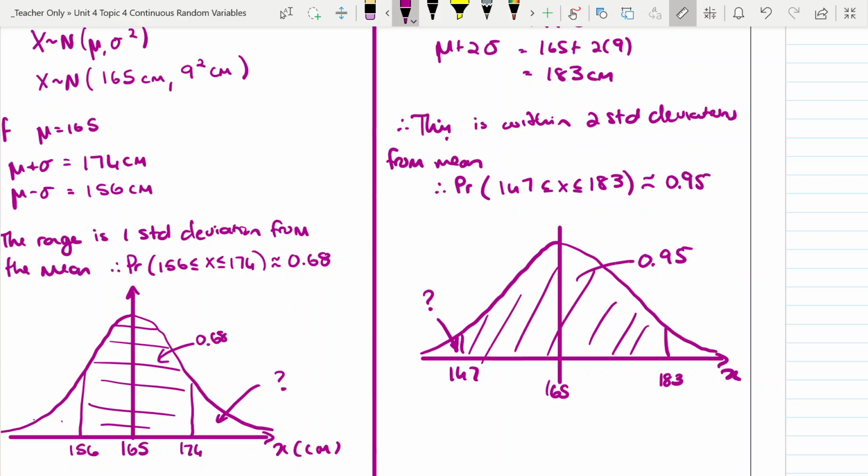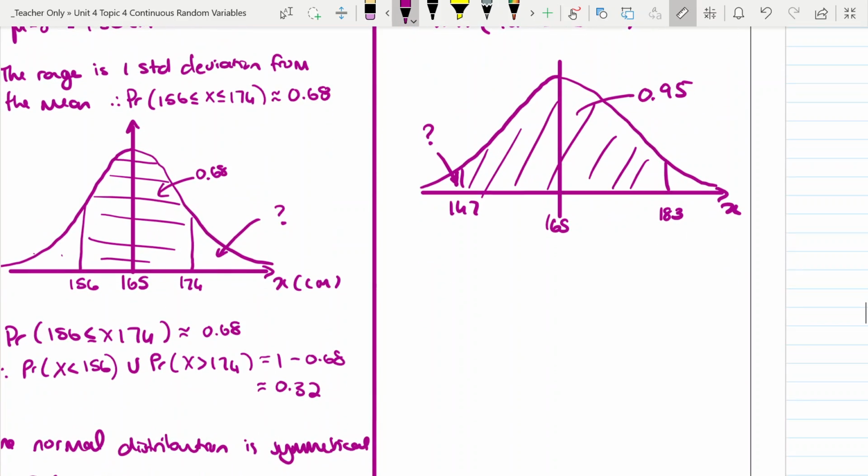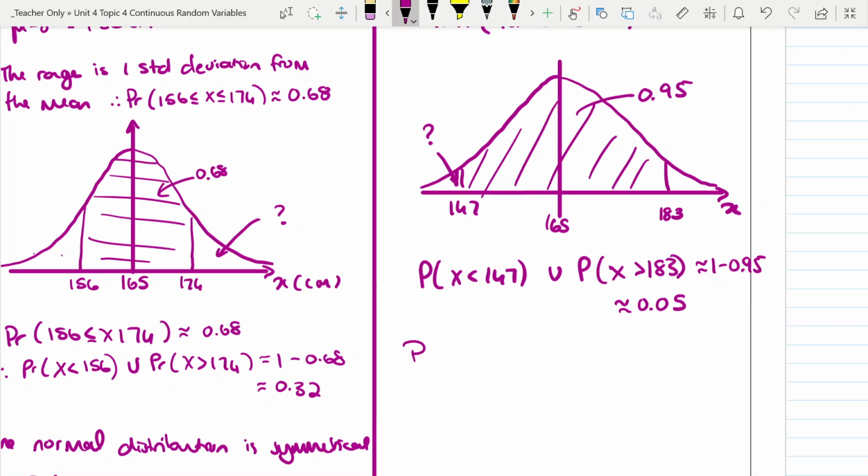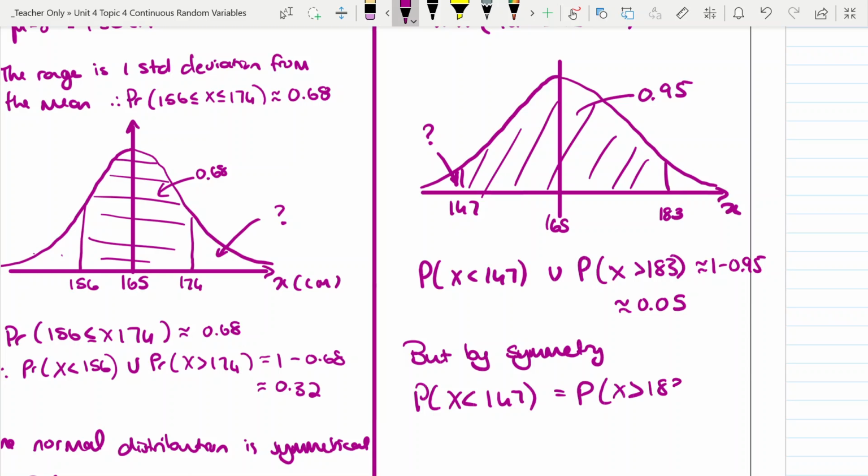What percentage falls below 147? Okay, now because we've already discussed the whole symmetry, we know that our probability of x being less than 147 in union with our probability of x being greater than 183 is approximately equal to 1 minus 0.95, so that's approximately equal to 0.05. And we also know that this is a symmetrical shape, so by symmetry, our probability of x being less than 147 equals our probability of x being greater than 183.